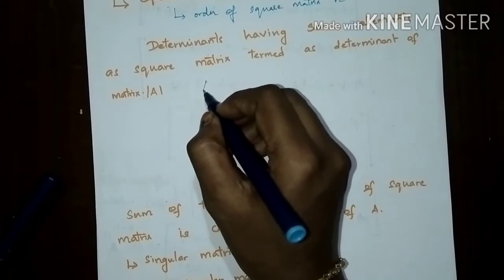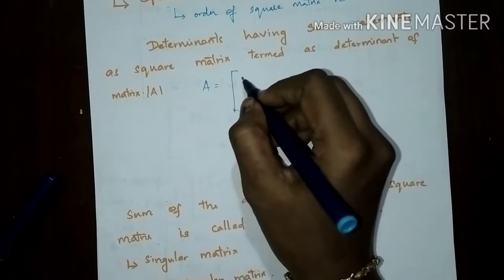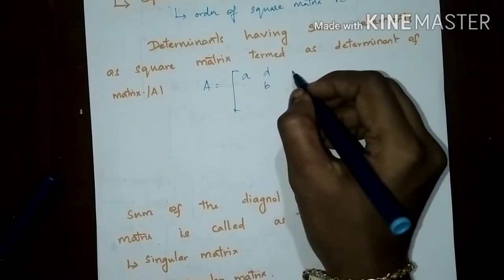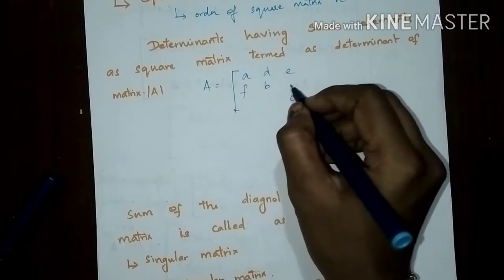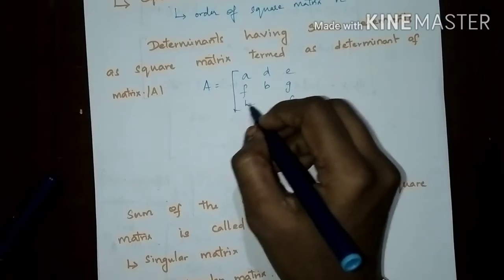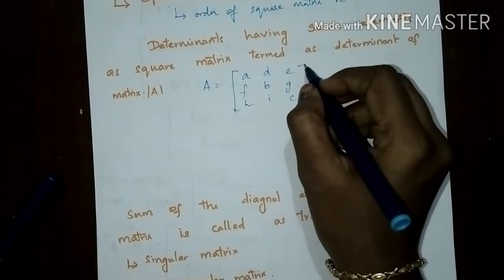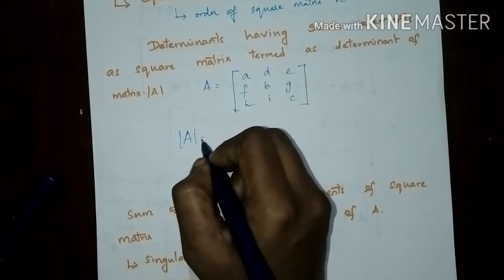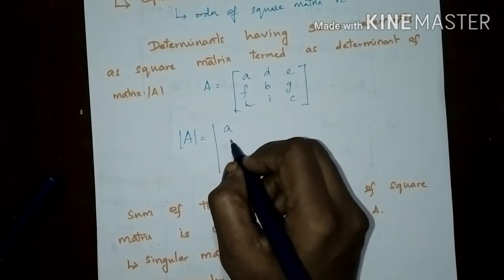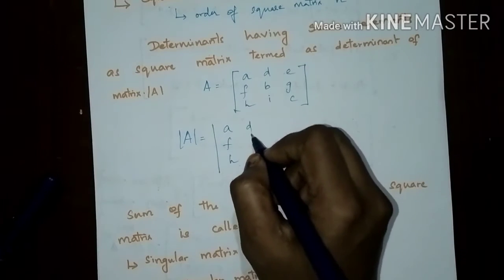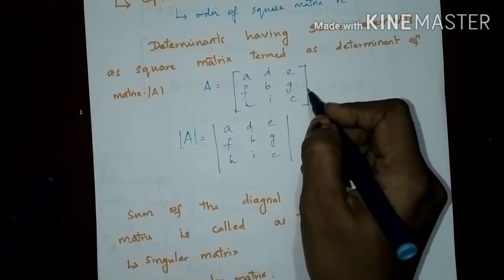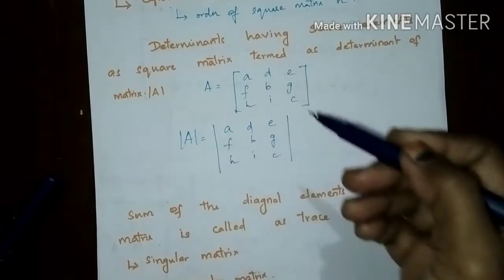If you represent a matrix with the values a, b, c, d, e, f, g, h and i, and if you have a determinant which has exactly the same elements as that matrix, then it is termed the determinant of matrix A. Got it?